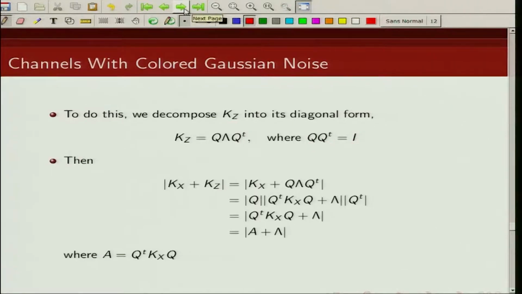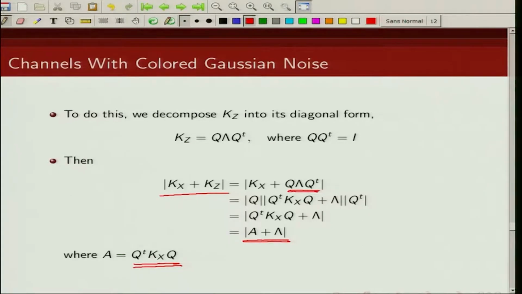So if we do that, we can write this determinant of Kz plus Kx using this decomposition of the matrix Kz, and after we do simple matrix manipulation, we can show that this can be written as determinant of matrix A plus some diagonal matrix lambda, where this matrix A is given by Q transpose, covariance matrix of the input, times Q.